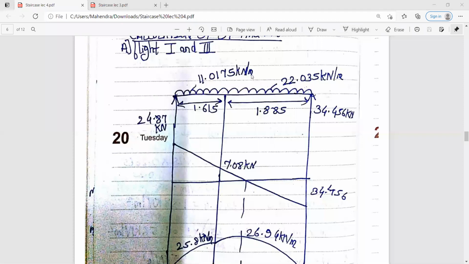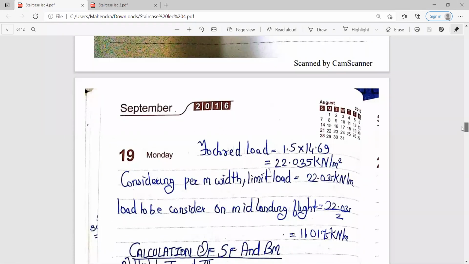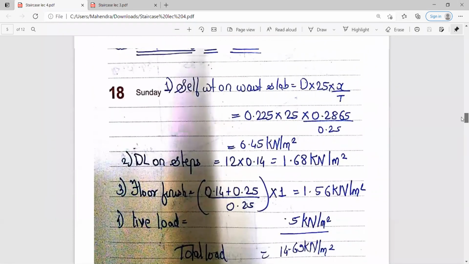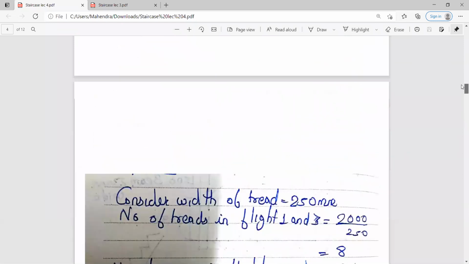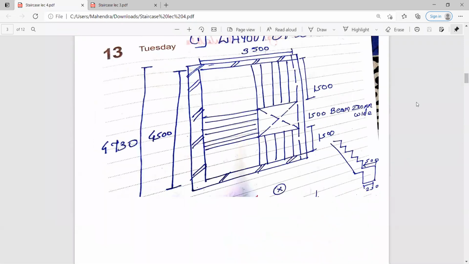Yes, see your diagram. First, we had calculated for this one. Then we had calculated for the mid landing one. First we calculated for the upper flight, then for the lower one. So we need to divide it by 2.